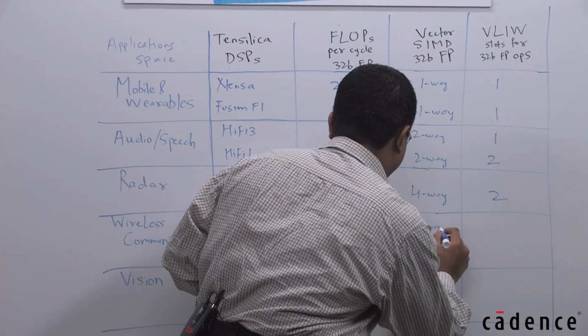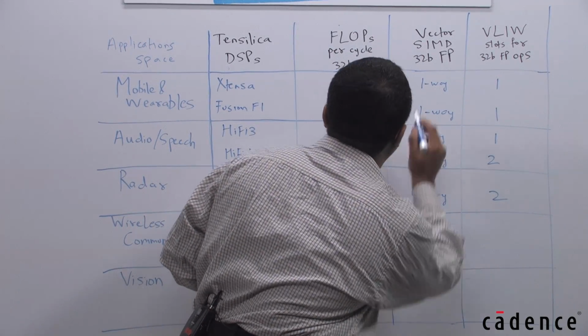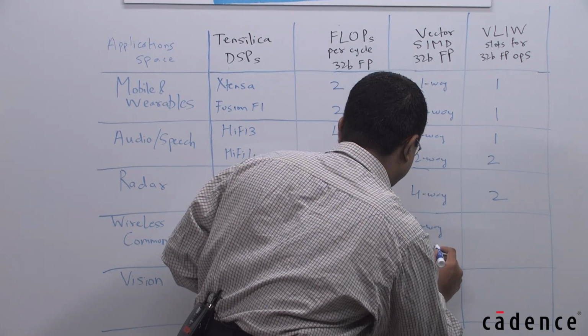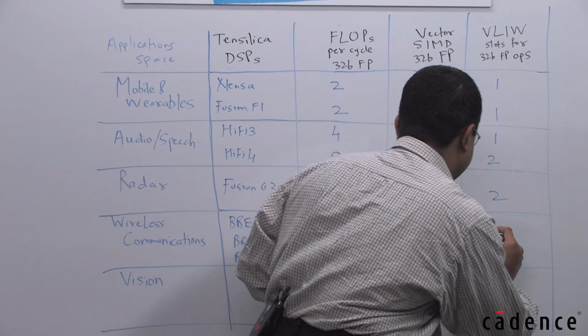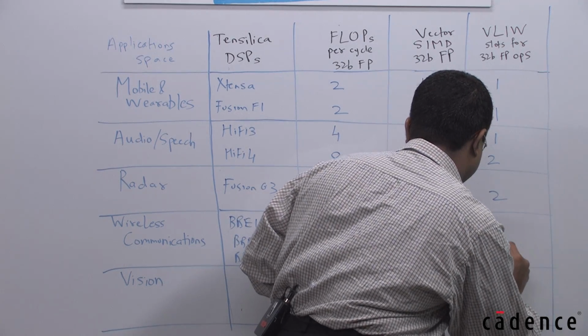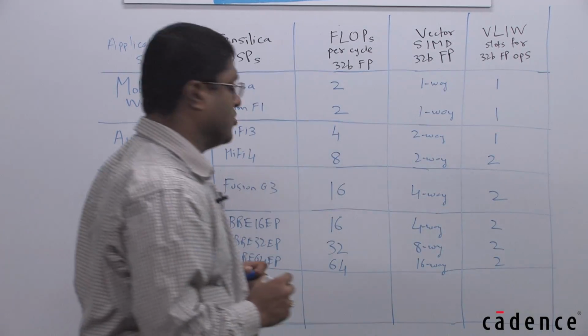The 16 EP is a 4-way machine for 32-bit floating point, the 32 EP is an 8-way, and the 64 is 16-way. And each of these schedule their floating point operations in 2 slots.